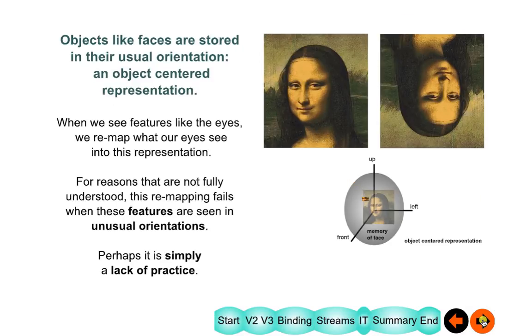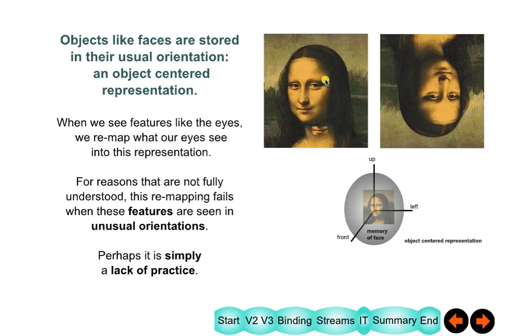Well, when we've seen a lot of the Mona Lisa, we can remember her somewhere in our brain. We have a picture of what the Mona Lisa should look like, as we have a picture of everyone else we know. And that picture is stored in a certain frame of reference, the frame in which we usually see that person, upright.